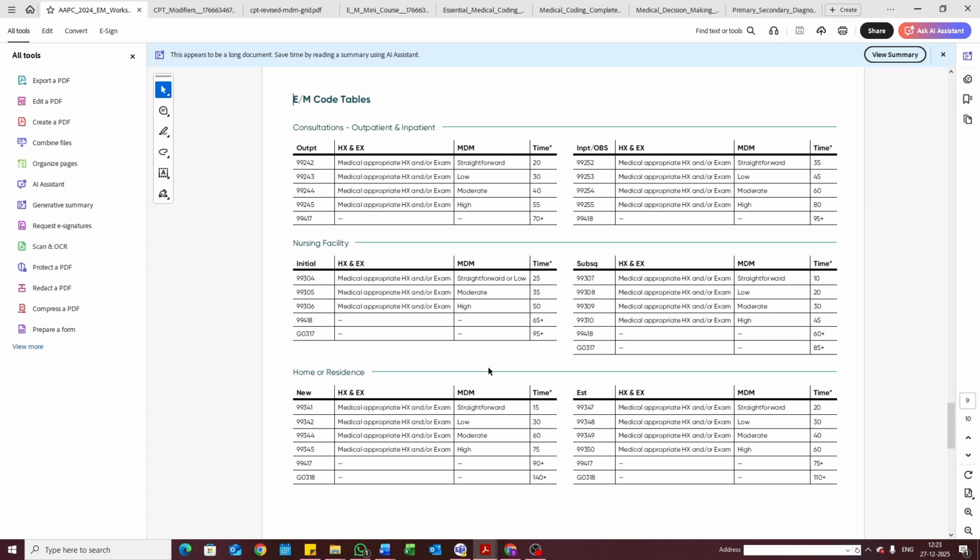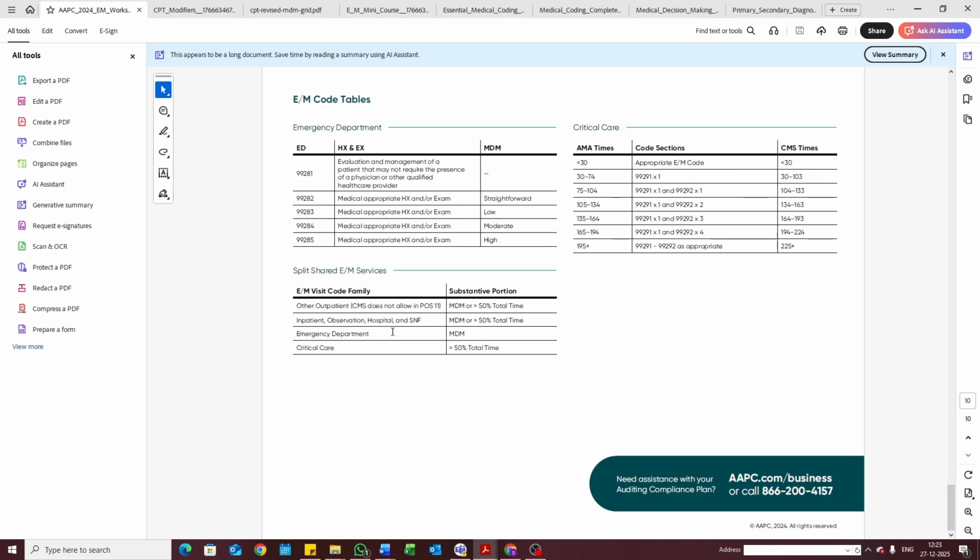Next code ranges for consultations: outpatient consultations and inpatient consultations. Code ranges 99242 to 99245, then inpatient 99252 to 99255, nursing facility, home residence. This is the emergency department, 99281 to 99285.